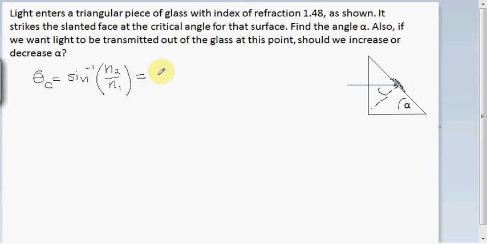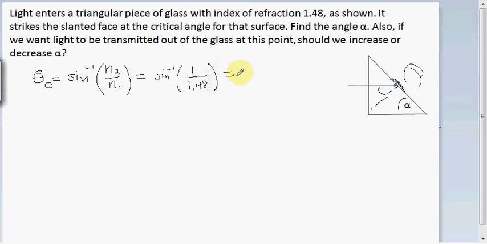So n2 is out here, and I'm assuming this is air, so that's going to be 1. I probably should have stated that in the problem. And then n1 is this material here, since we're talking about when the light hits this surface. And n1 we know is 1.48.